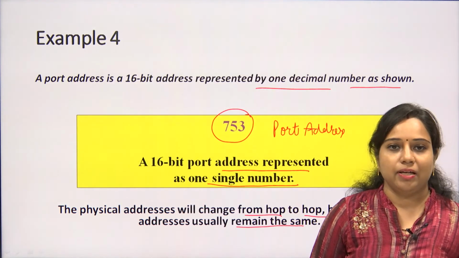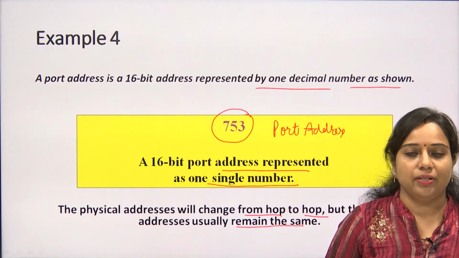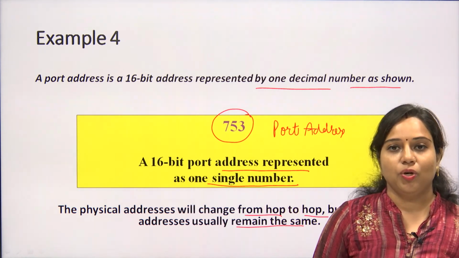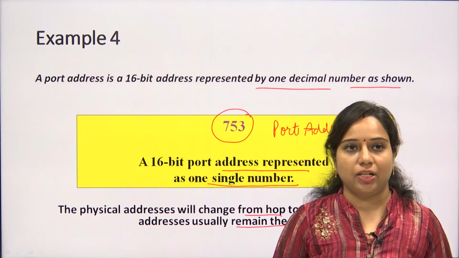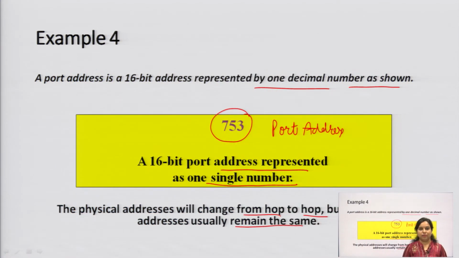So, in the first example, we saw how the physical address is associated with a particular device. It will change whenever we transmit information from one device to another device. Every router or any hardware device will have its own physical address. Secondly, in the next example, we saw how we write the address in hexadecimal form.